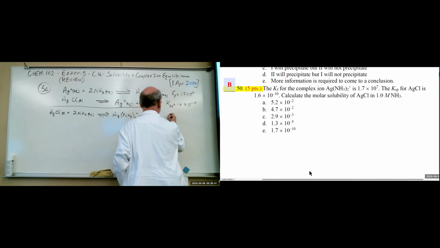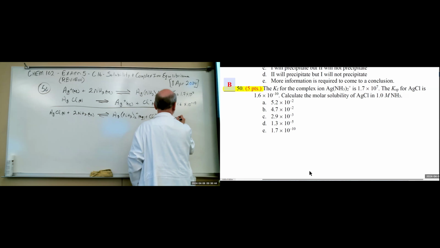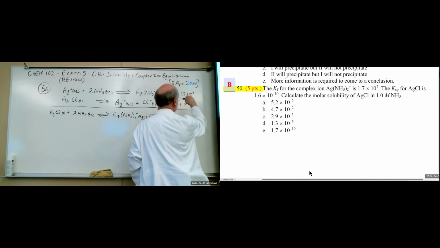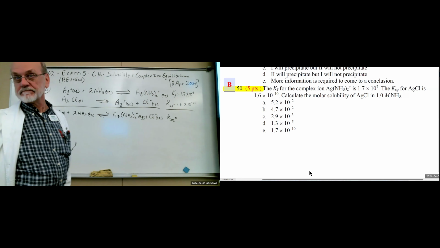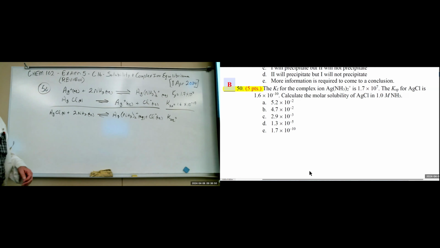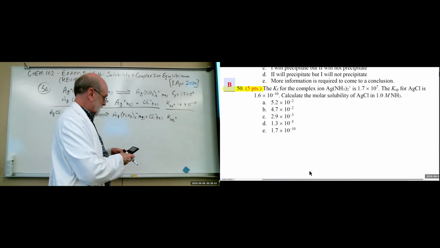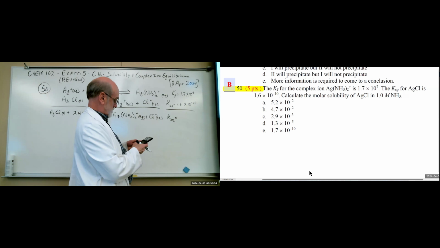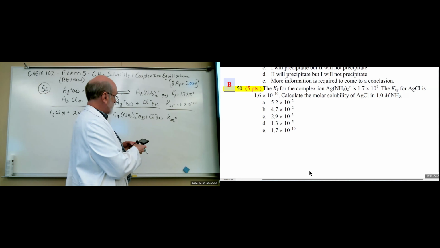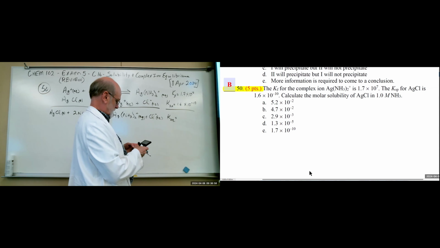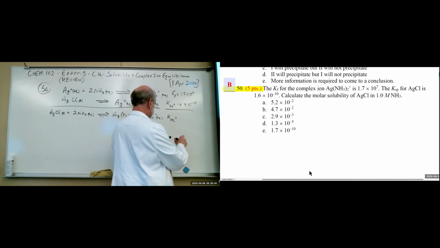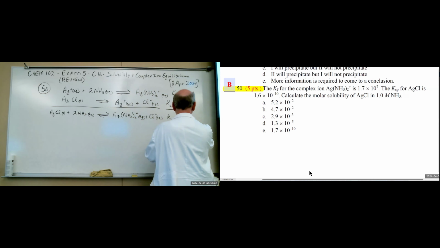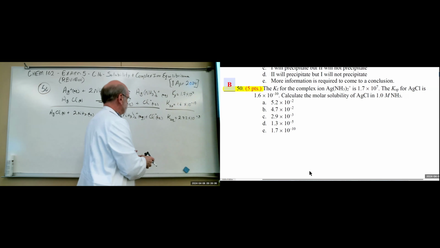Okay, and what's the K for this reaction? Multiply those two together. 1.7 exponent 7, 1.6 exponent minus 10. So this is 2.72 times 10 to the minus 3.